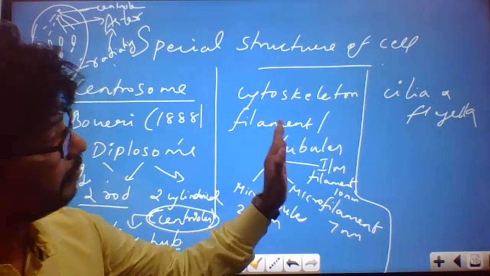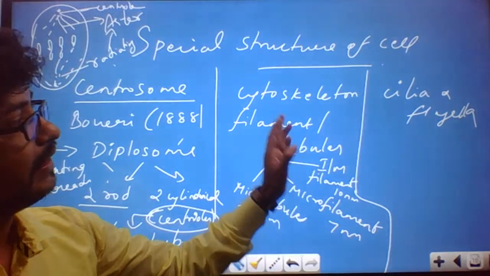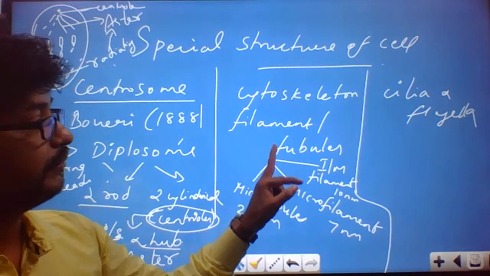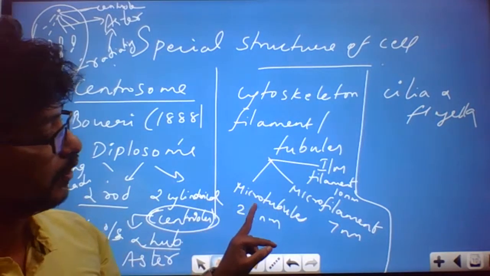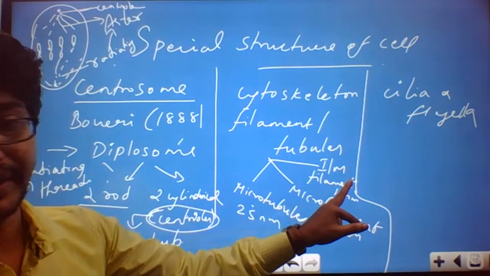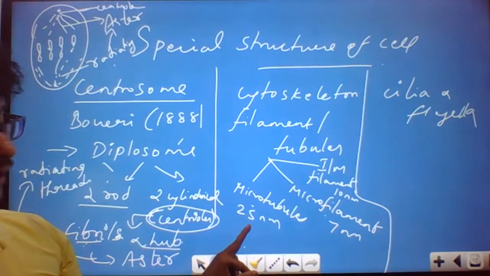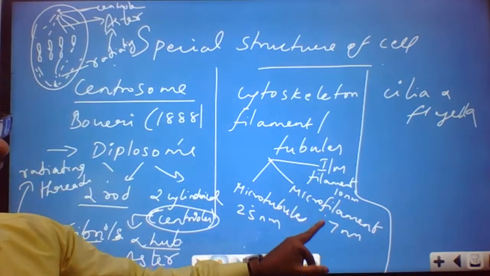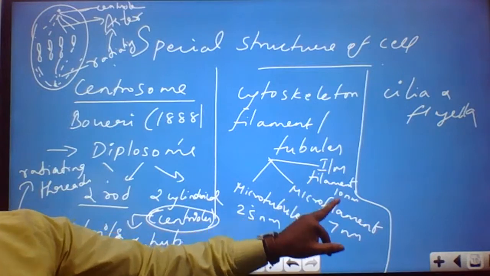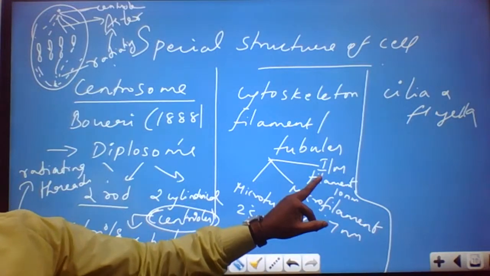The second part, we start with the cytoskeleton. The cytoskeleton is otherwise called filament, and it consists of three regions: microtubules, microfilaments, and intermediate filament. Here, the size of microtubules is 25 nanometer, microfilament is 7 nanometer, and intermediate filament is 10 nanometer. Right.